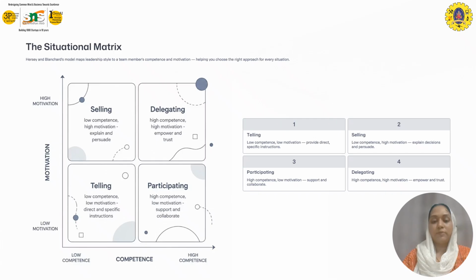So all of those things come under delegating the work. Next is low motivation and high competency, which is participating.